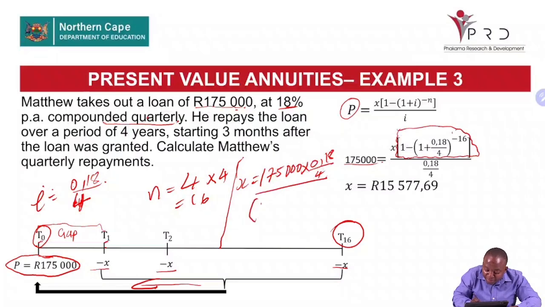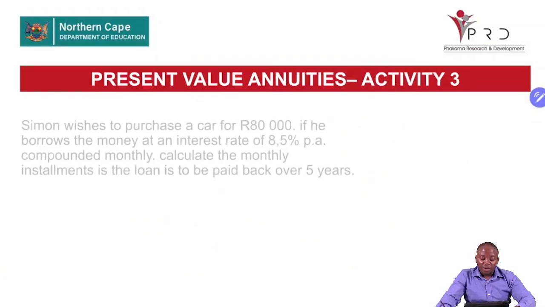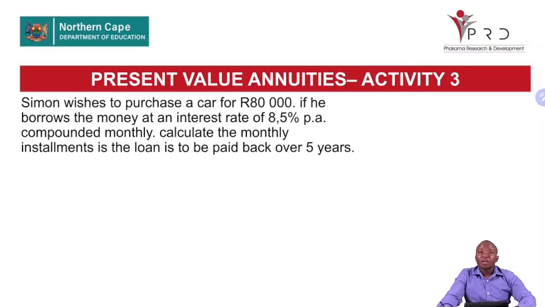So all divided by 1 minus 1 plus 0.18 all over 4 to the power negative 16. So we press everything as it is there in our calculator. We get the value of X as 15,577.69. So you will be given 2 minutes to complete this activity.